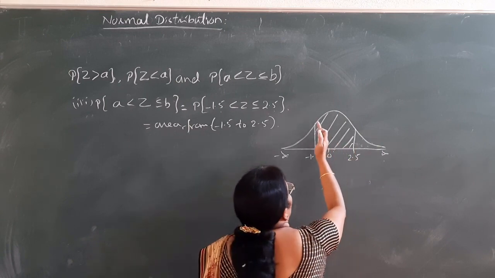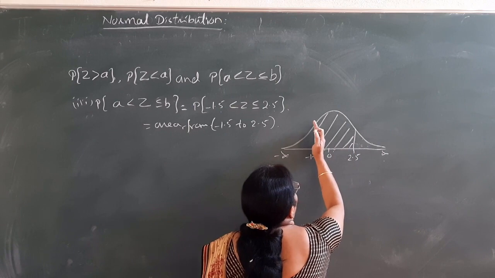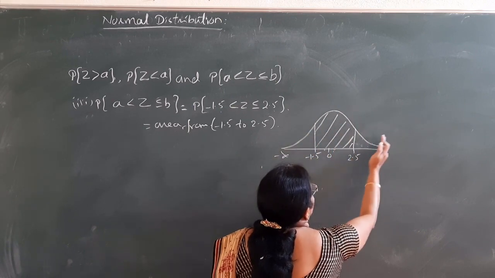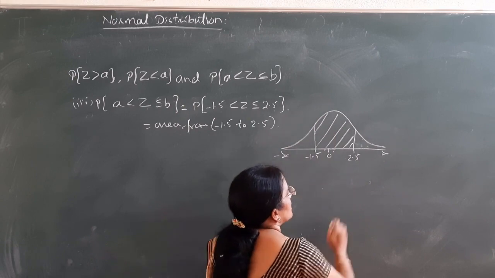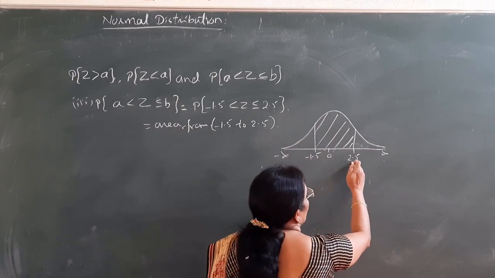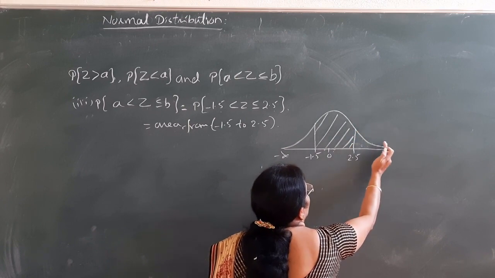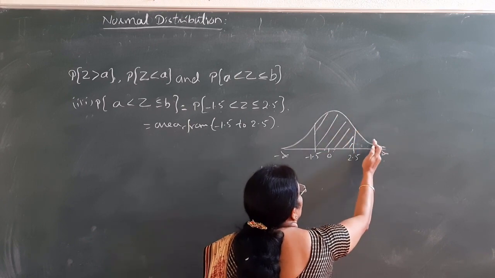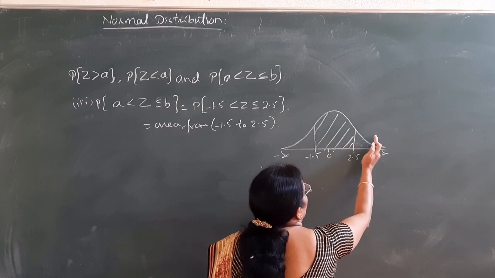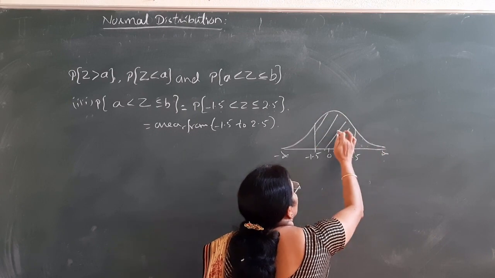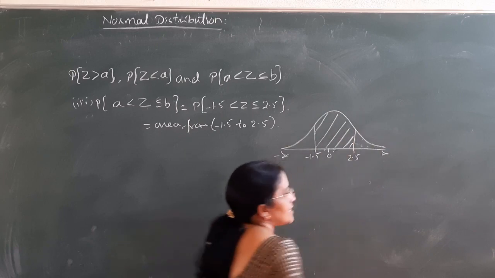The first value represents the area from minus 1.5 to infinity, this full region, right? The other value, with respect to 2.5, represents this part. So this whole part we can get, this part also we can get, subtract this part from this complete area to get this shaded region.